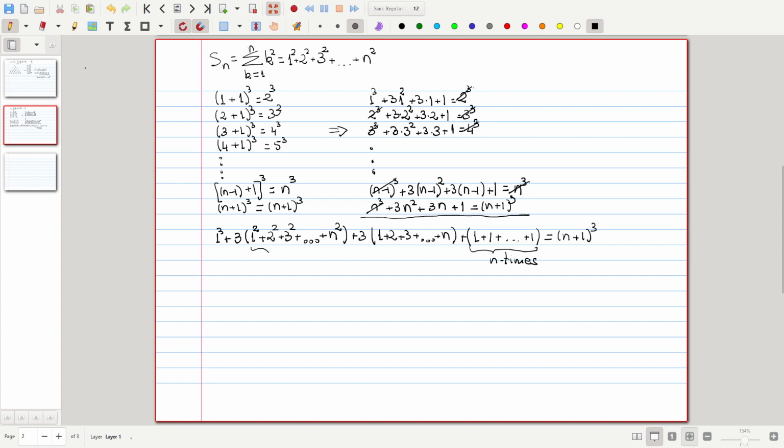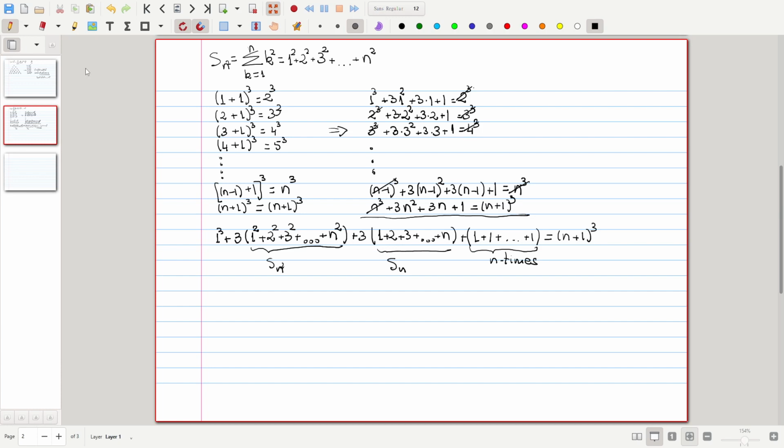This sum here is the sum that we wish to find out, Sn squared. It might be too complicated, but still. Then here I have Sn simple, and we know what it is.